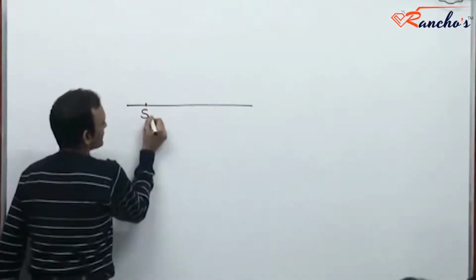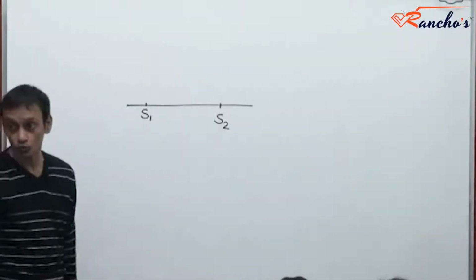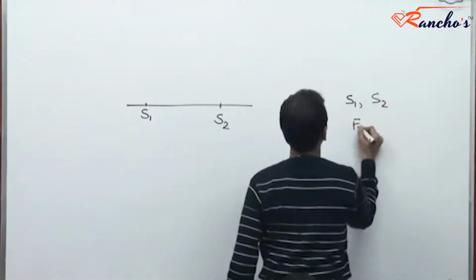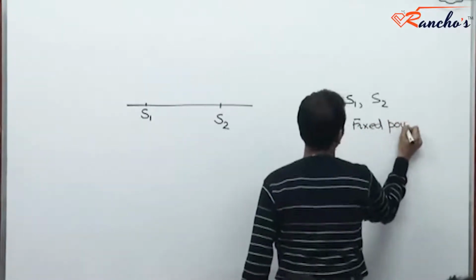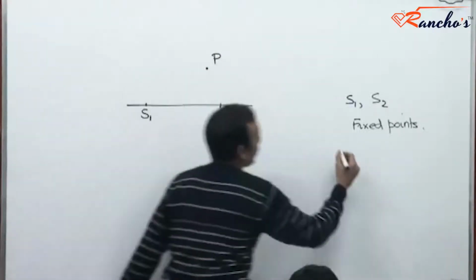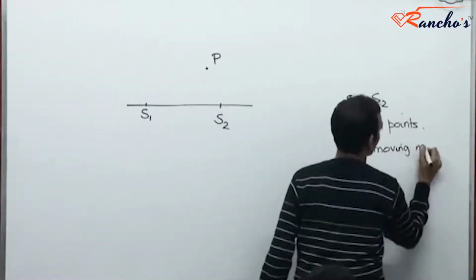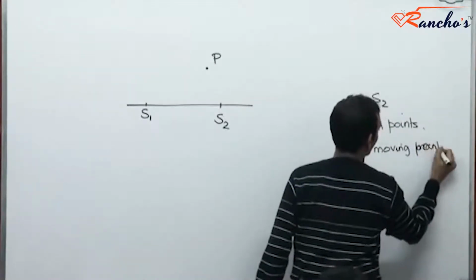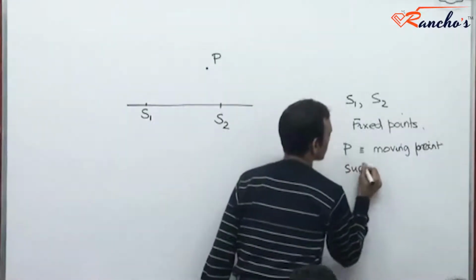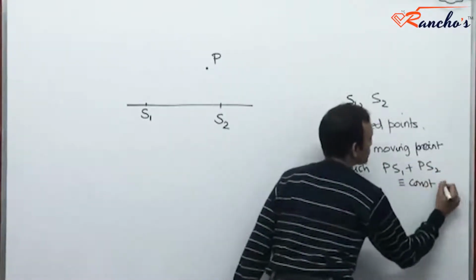Now, if there are two fixed points, S1 and S2, and if P is a moving point such that PS1 plus PS2 is a constant, that constant is commonly referred to as 2a.